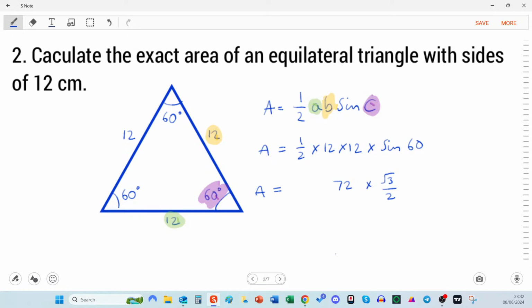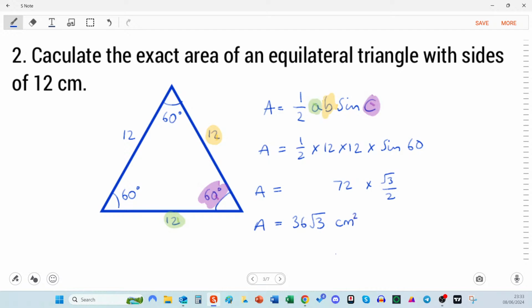I quite like to see the fact that this became this, and that this is in line here. Okay, so my final is going to be 72 root 3 over 2. So I'm going to focus on 72 divided by 2, because that's a fraction I can cancel. 36 root 3.